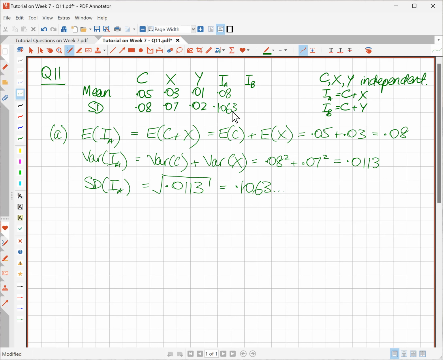So there we have it for the returns on A. And now for asset B, very similar calculation. So I'll leave out a few of the simpler steps here.